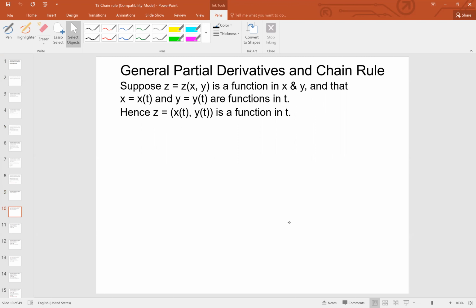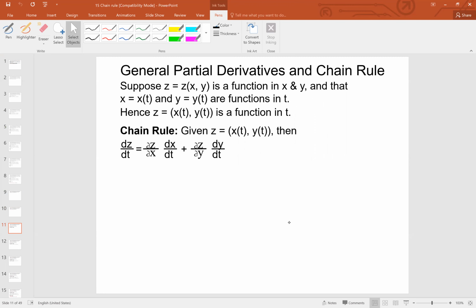So I can plug in the t into the original z, so that I get a function z directly in terms of t, and I want the derivative of z in terms of t. This is the chain rule for that, and this is basically the total differential.